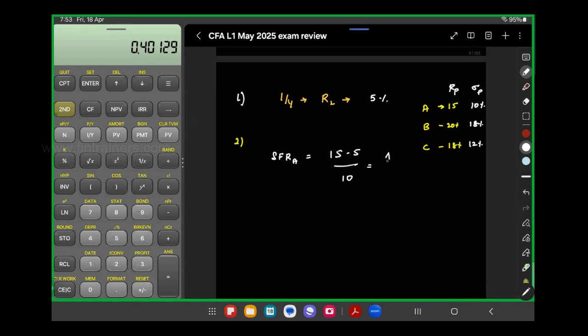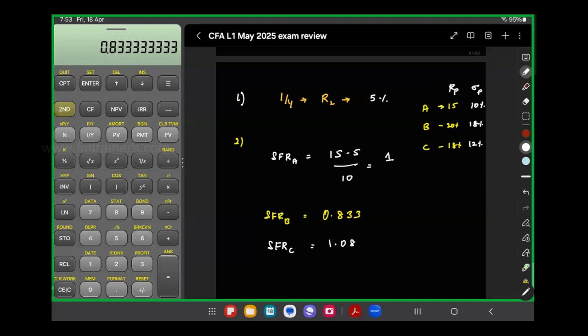So my SFR is 1. What about SFR B? A lot of you are saying something like 0.8. So it's RP of 20 minus RL, so 15 divided by 18. That's 0.833. And the last one, SFR C, I got the answer as 1.08. So I want to go with that.